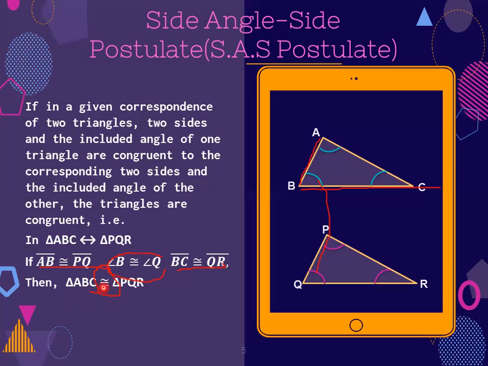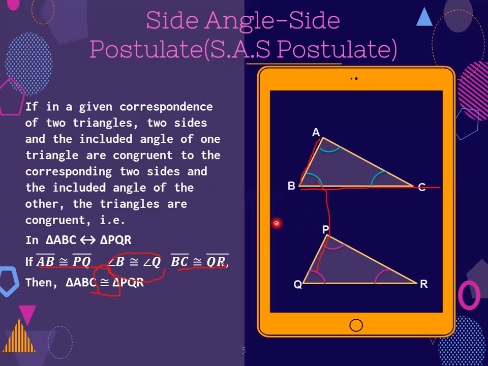This is the symbol of congruent and this is the symbol of correspondence. If the triangles correspond in such a way that their sides and the included angle are also congruent, then the triangles are congruent. So this is called the side angle side postulate.